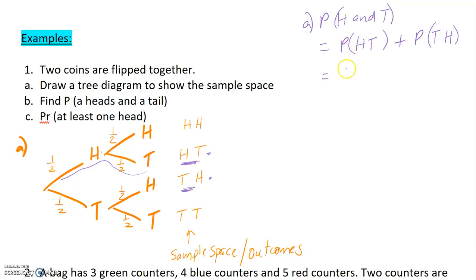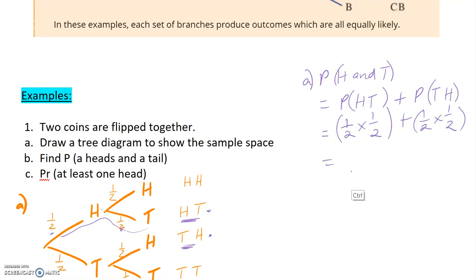So the probability of getting a heads and a tail is half times half. Same with tails and heads, half times half, which is equal to 1/4 plus 1/4, which is equal to 2/4, which is equal to a half.